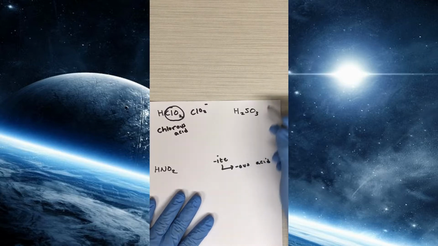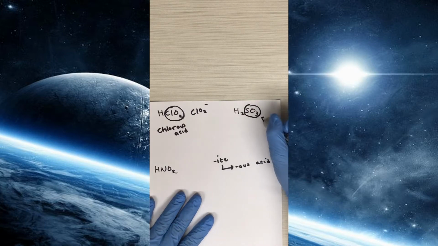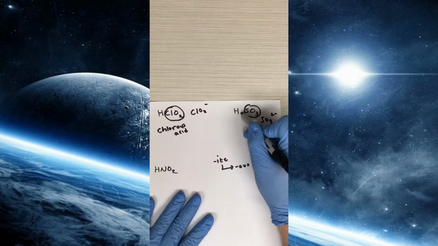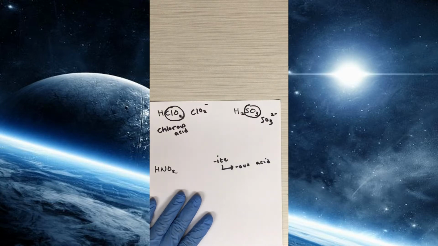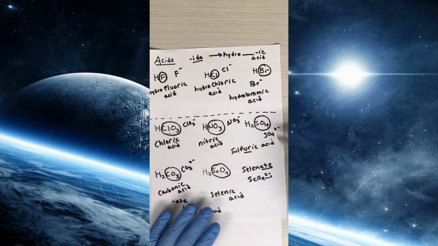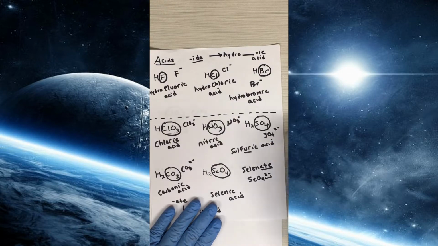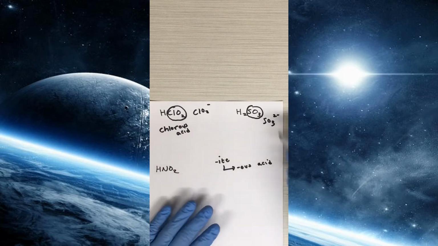This one over here, again, we identify everything except for those hydrogens. So this would actually be SO3 2-. It's 2- because it has 2 hydrogens out in front. This is sulfite. Now, before we go any further with that, remember from what we just covered in the previous rule, we had sulfate. We had to add that extra -ur there. We actually have to do the same thing with its -ite version, sulfite.